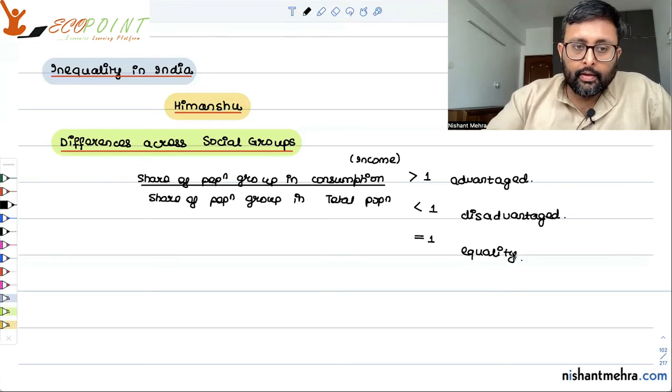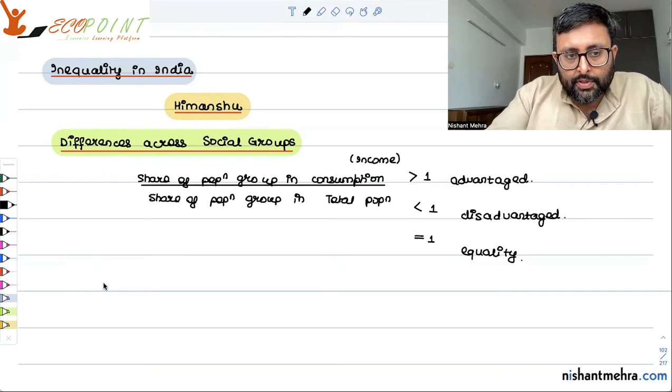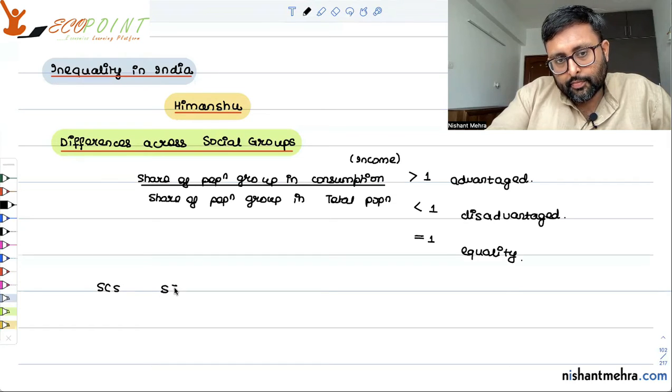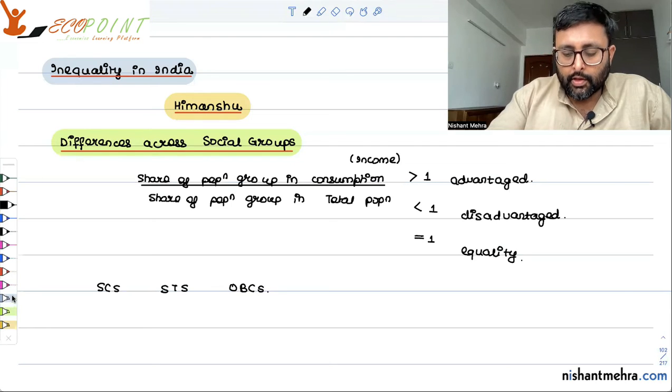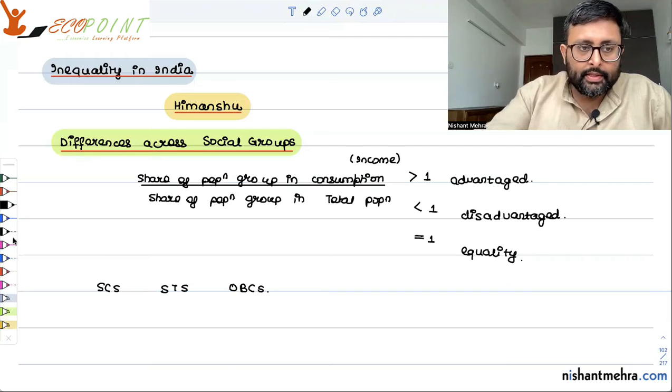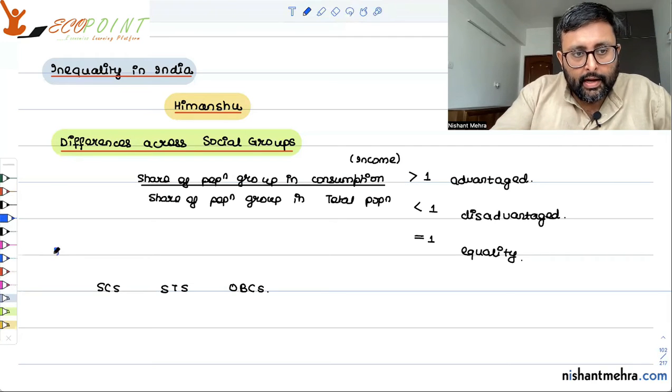Now, there are different groups which we are looking at: SCs, STs, and OBCs. And we are looking in terms of income and consumption.